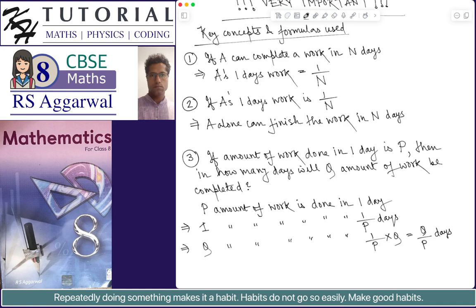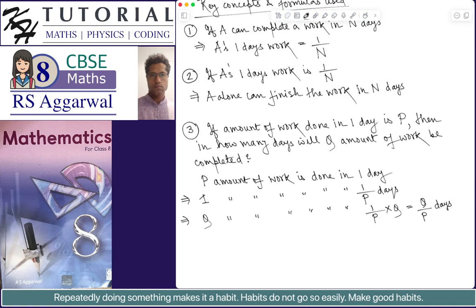And also one very important thing is that a whole work has the value of 1.